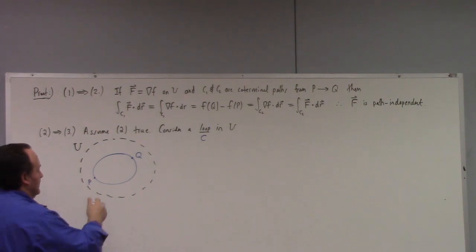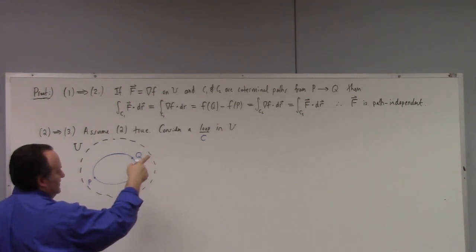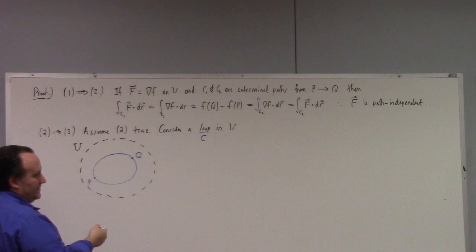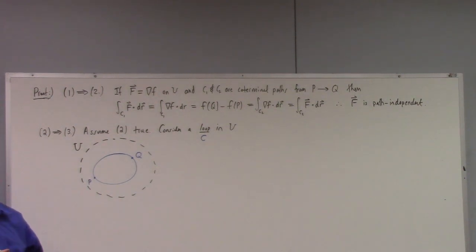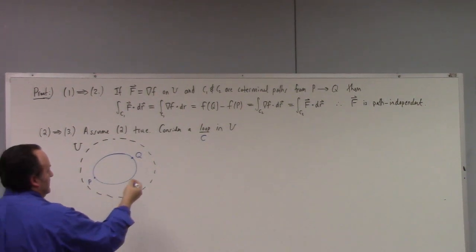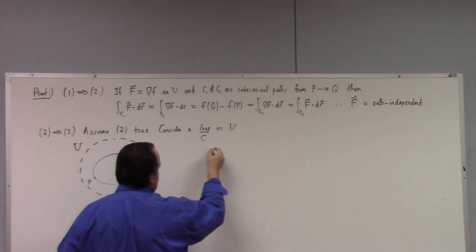And then what? Well, the loop had to be what? Let's suppose that the loop was counterclockwise oriented. So the loop goes in this direction, right?